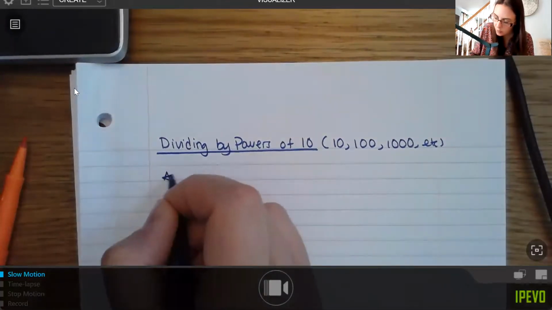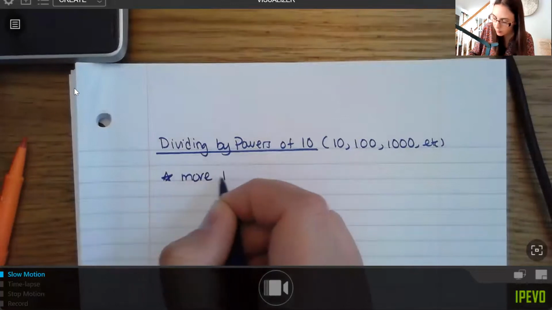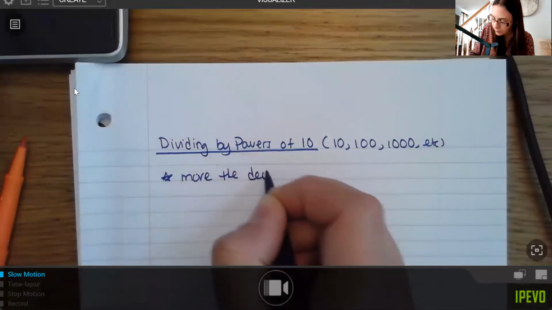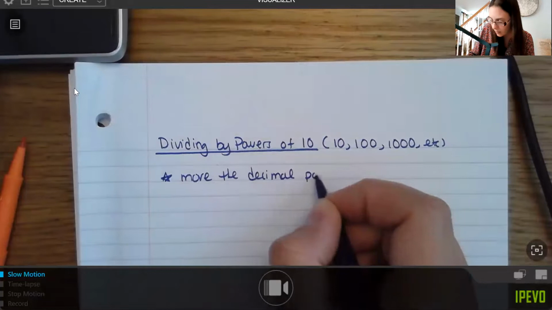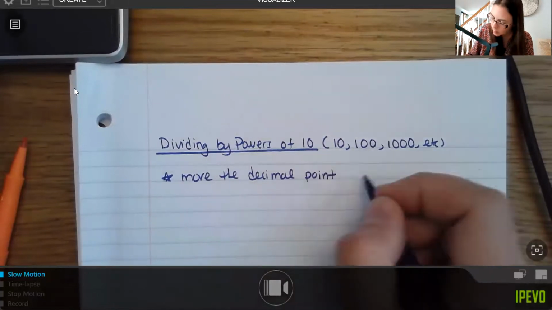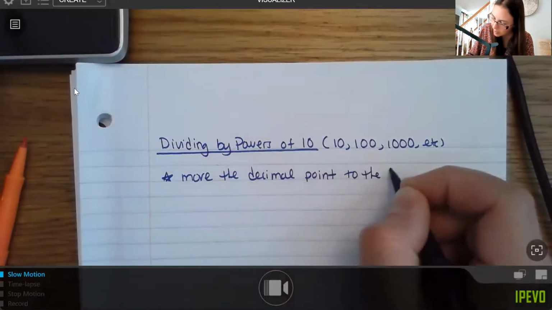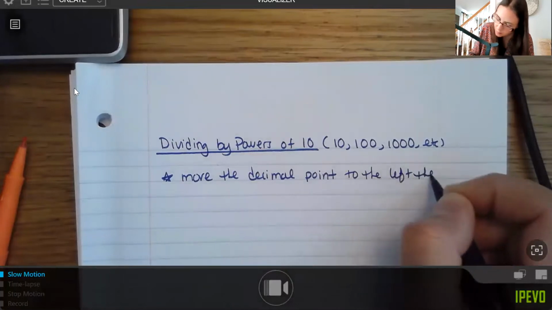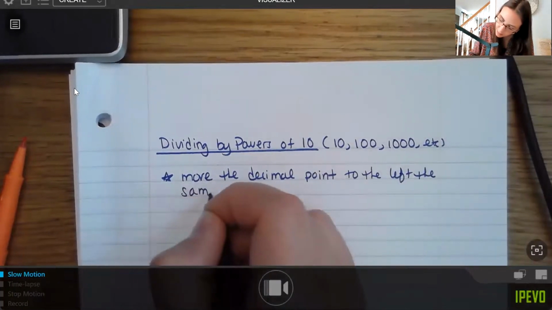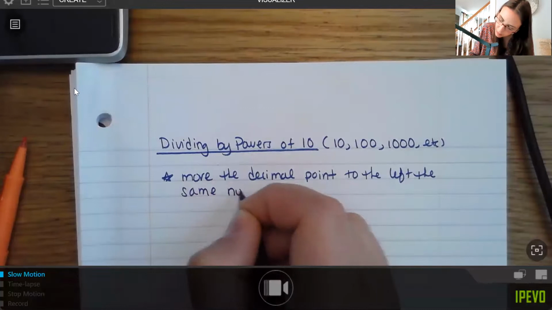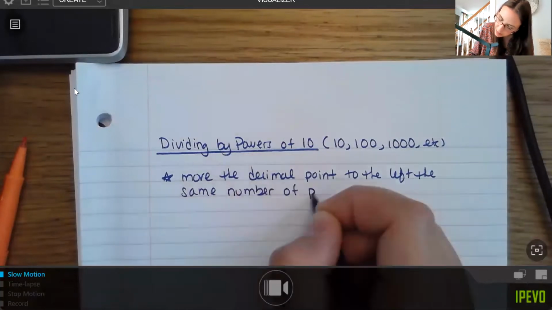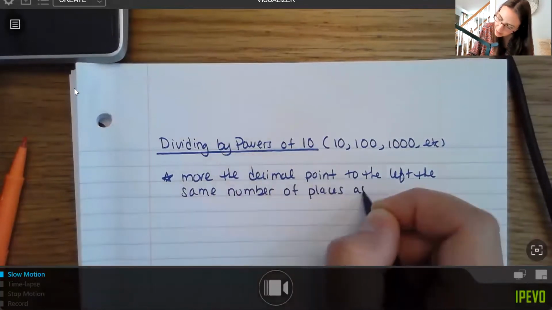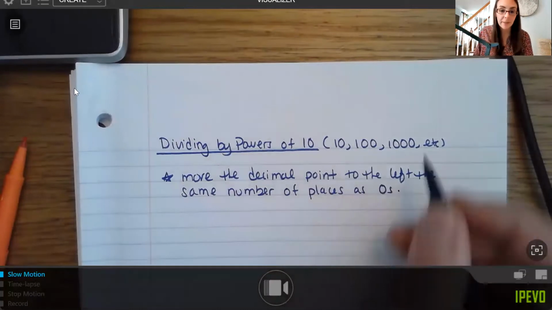So what you do is you move the decimal point to the left the same number of places as zeros in your power of 10.